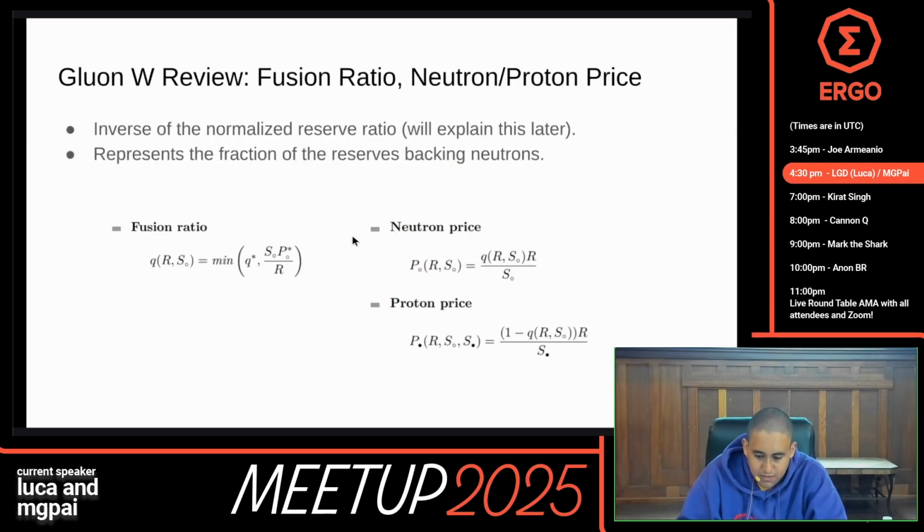In the equation for Q, you can see the oracle price. If the price of ERG goes up, then the oracle price goes up, and Q will increase. Oh wait, no, that's wrong.